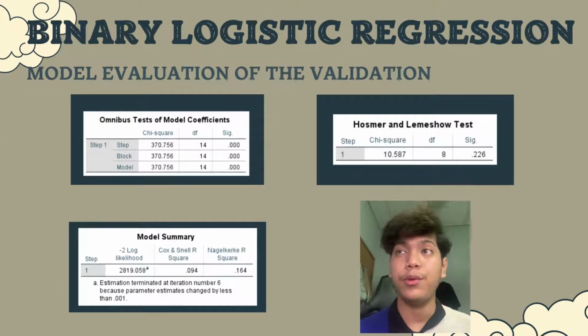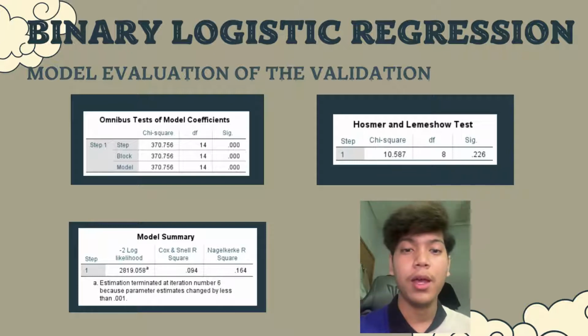Next, we proceed to our next process of model evaluation of the validation. First table, it was the omnibus test. In the omnibus test, the model coefficient chi-square value is 370.756 and has a significant value of 0.000, which is less than our alpha, 0.05.